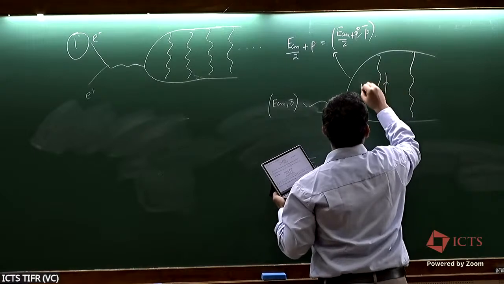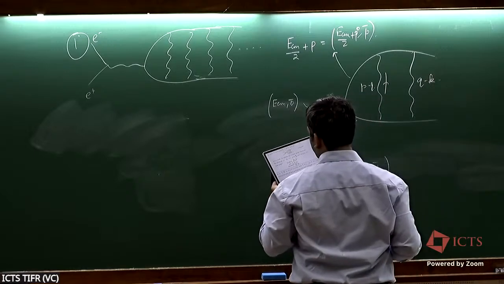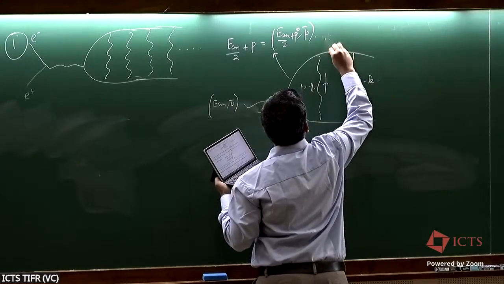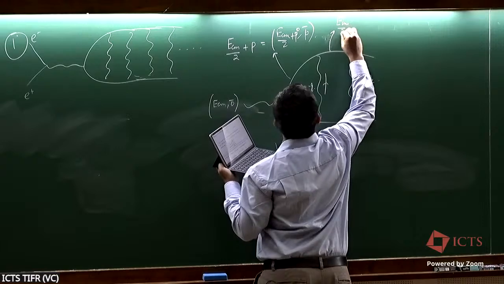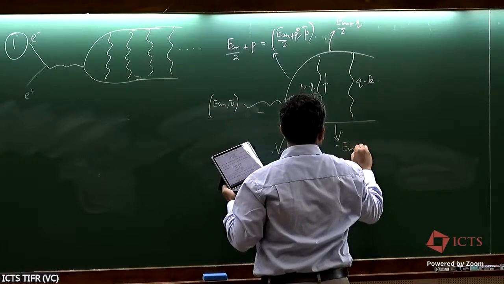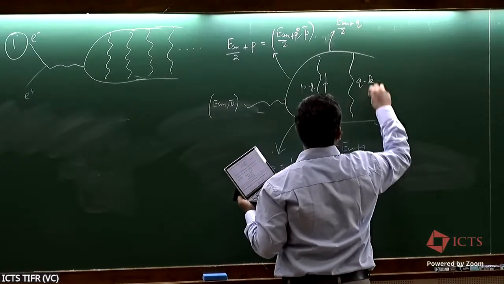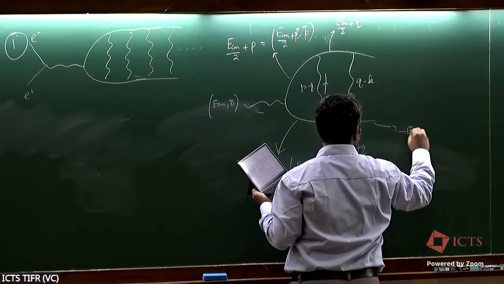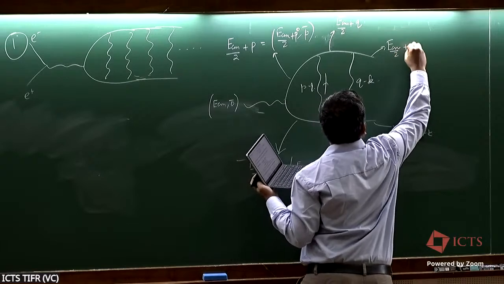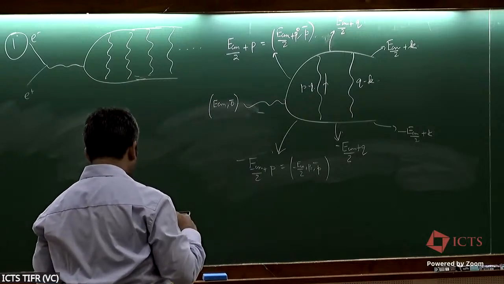This momentum is P minus Q. This is Q minus K. This is E center of mass over 2 plus Q, and this is minus E center of mass over 2 plus Q. Depending upon the K, this will have some specific momentum like minus E center of mass by 2 plus K, and this will have E center of mass by 2 plus K. We'll only look at this one loop structure here, not go anything beyond it.